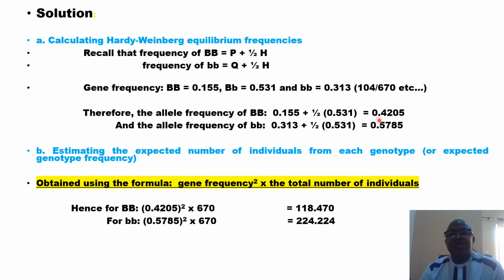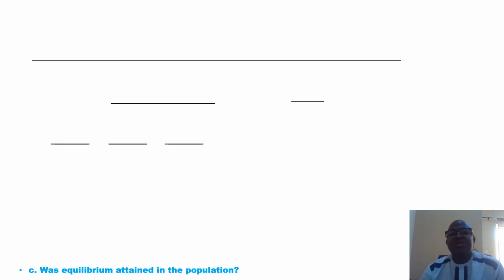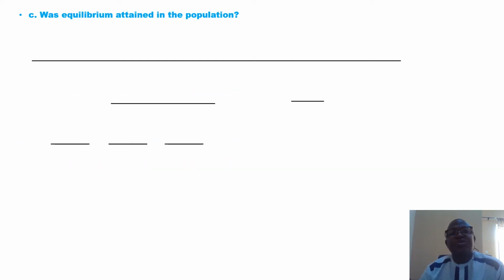For small b, we square this times the total number of individuals, which gives us 224.224. And for the heterozygote, we use the formula 2 times p times q times the total, which gives us 325.967. So these are the expected numbers of individuals that should have been in that population, not what was actually counted. We now want to see whether equilibrium was attained in the population.